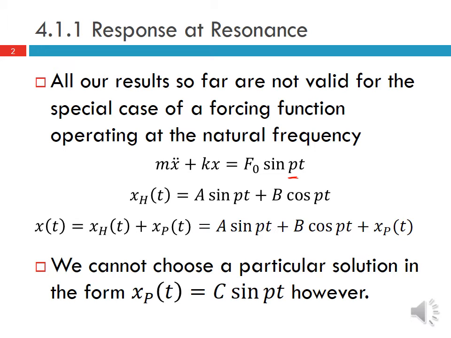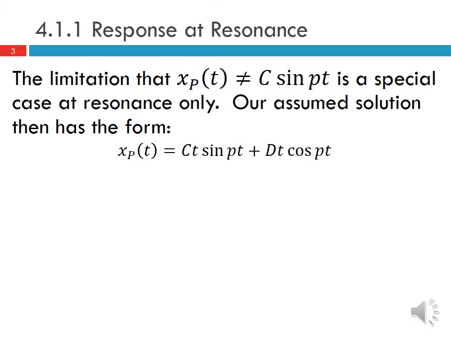We cannot choose the particular solution of the same form as the forcing function like we did in the previous approach, because we already have this sine pt in our solution. So we can't just take x_p(t) equal to c sine pt. This limitation is a special case at resonance only.